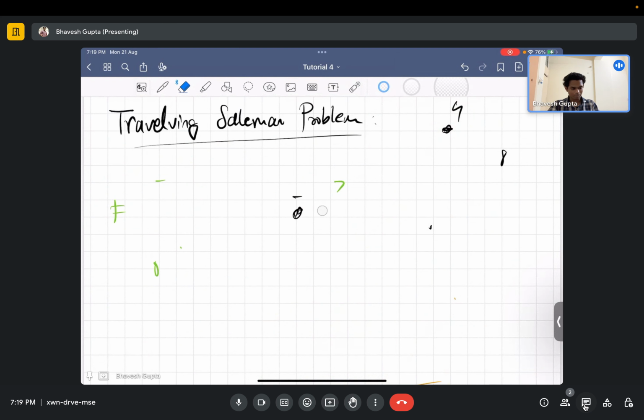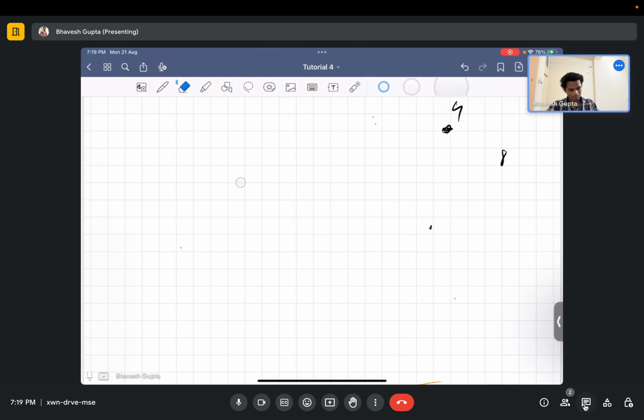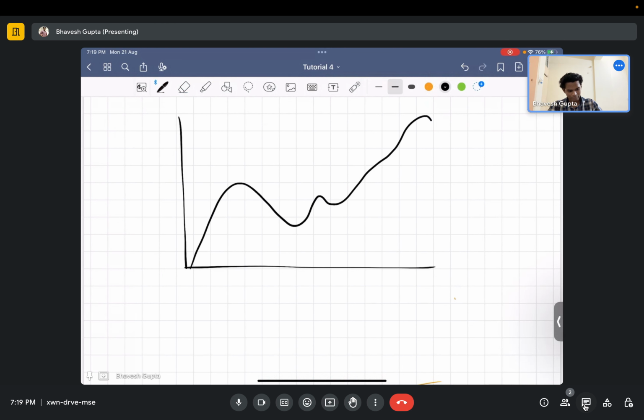This is an interesting problem. Let me give you one simple example. Let's say this is your hill valley, some hill valley, and you have a ball here. The job you have been assigned is to take this ball and place it over here.